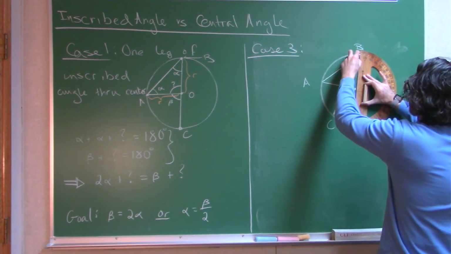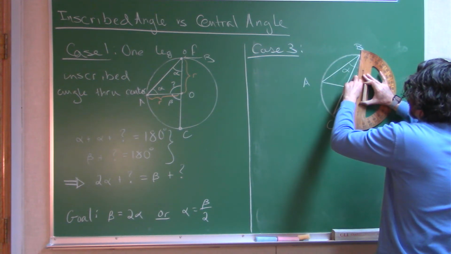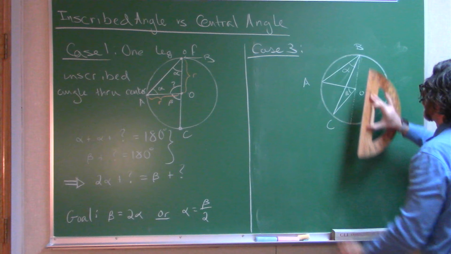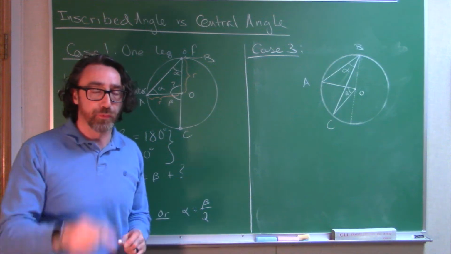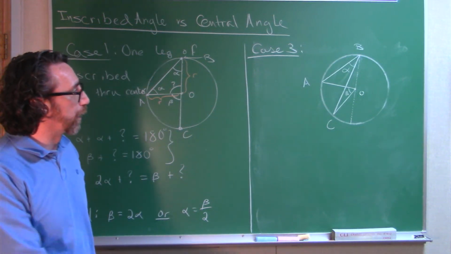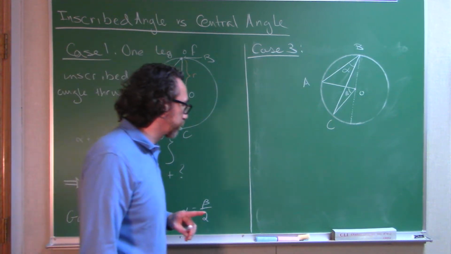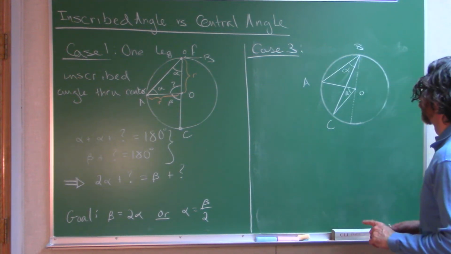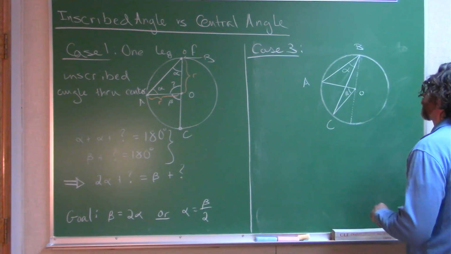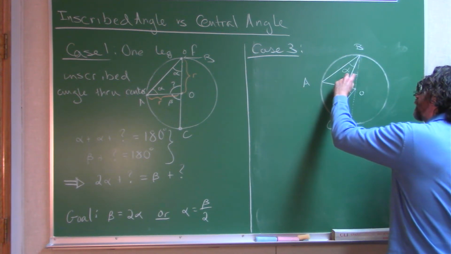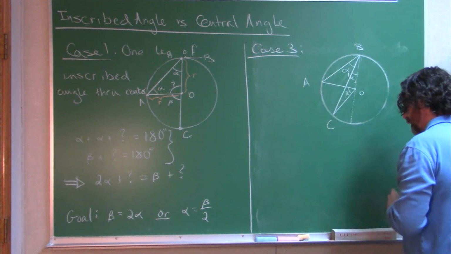Once again, what we do is we introduce a new line into the picture that goes through the center of the circle. Now, here's where we get a little clever. Okay, I'm going to call that alpha 2. Now you might say, okay, well, where's alpha 1? Alpha 1 is going to be up here.